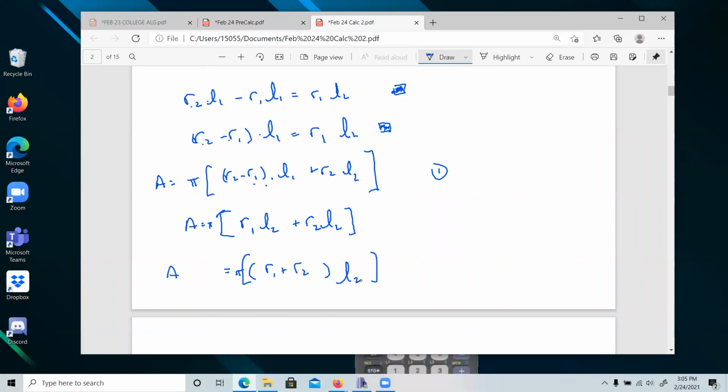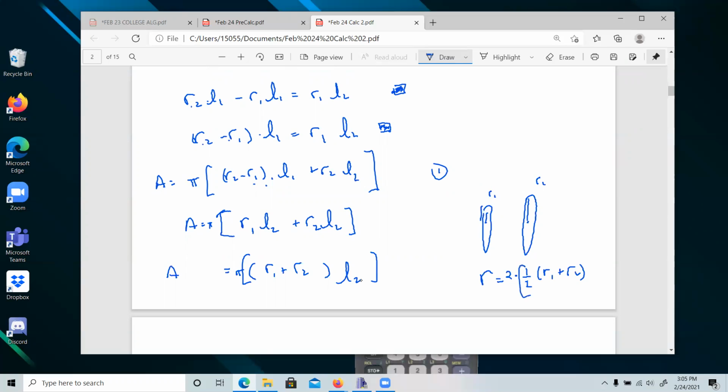Okay. Now, what we're going to do with our R's here is the same thing we did with the R's in the cylindrical shells idea, is that we're going to say that, well, we've got R1 and R2. We're going to just set R equal to the average of R1 plus R2. I can't just divide by half, so I'm going to put a 2 in there.